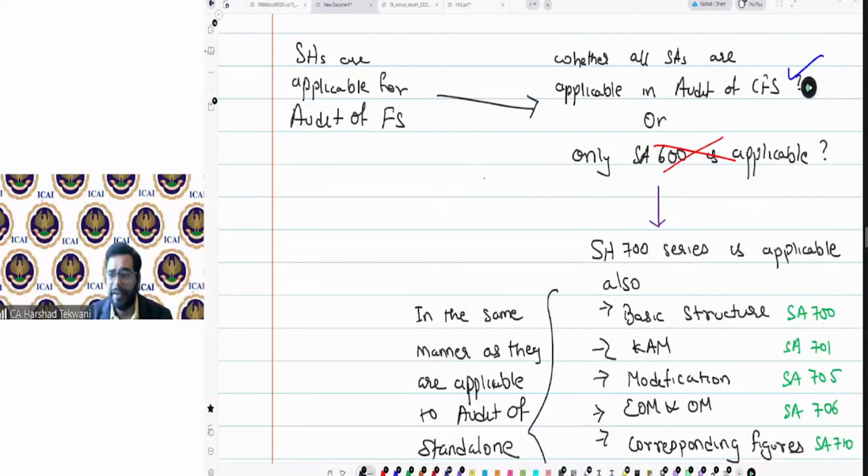Is SA 800 series also applicable to the consolidated financial statement? Is SA 800 series also applicable to consolidated financial statement? Audit of consolidated financial statement?